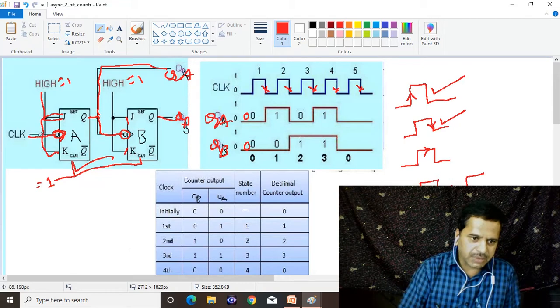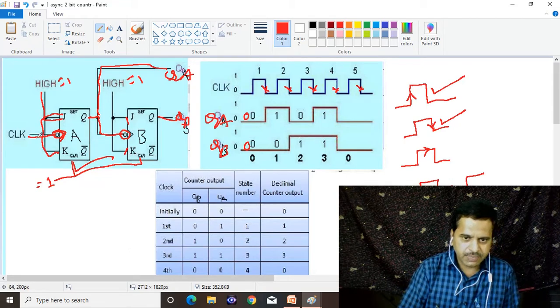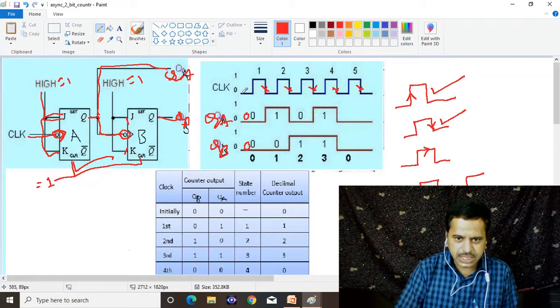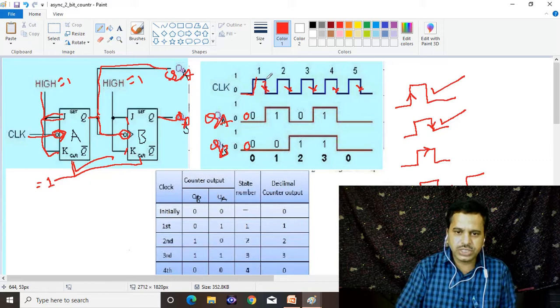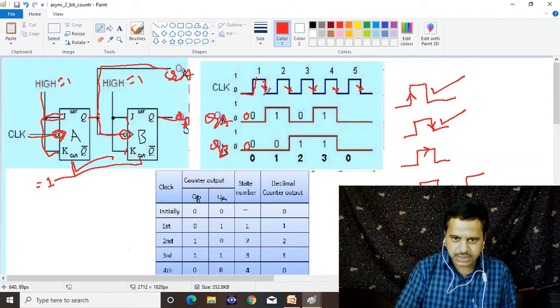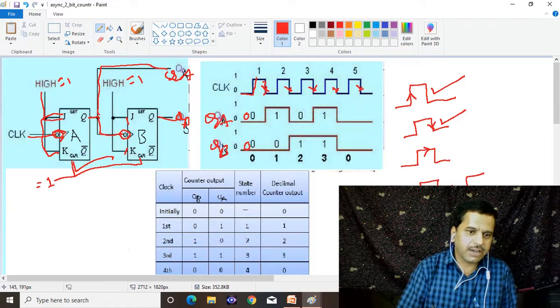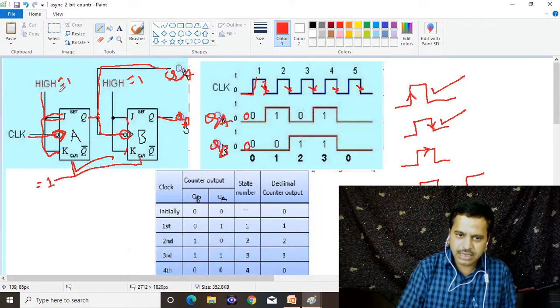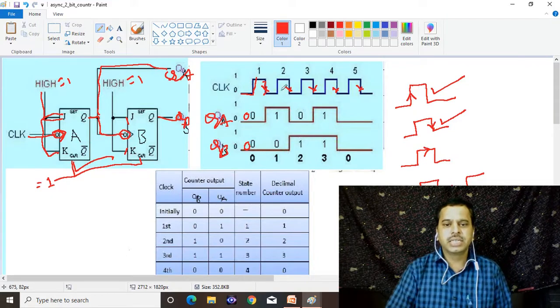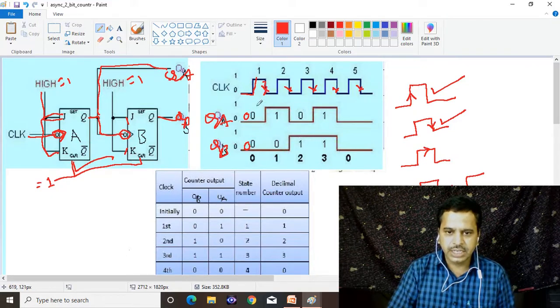When the first clock pulse is applied, it goes high. When it goes low, one clock pulse is applied. During the falling edge of the first clock pulse, the output changes. Because the JK flip-flop input is tied to high, it always toggles for every clock pulse. So when the first clock pulse is applied, the output goes from 0 to 1.